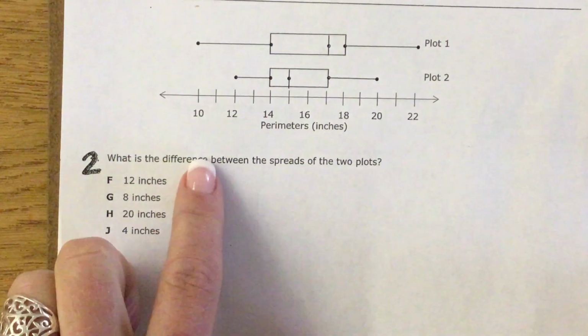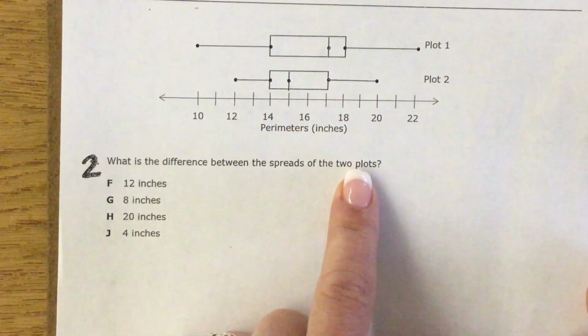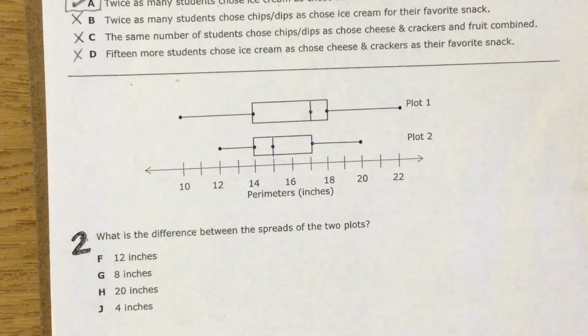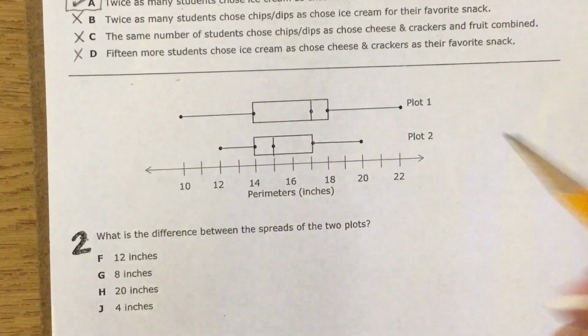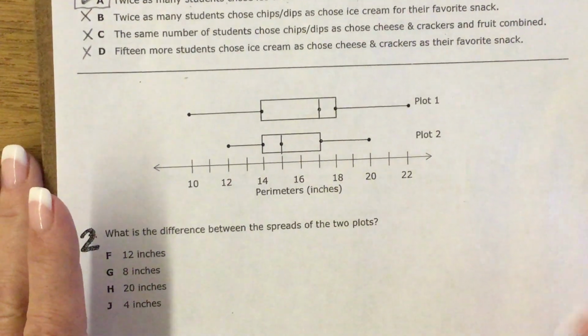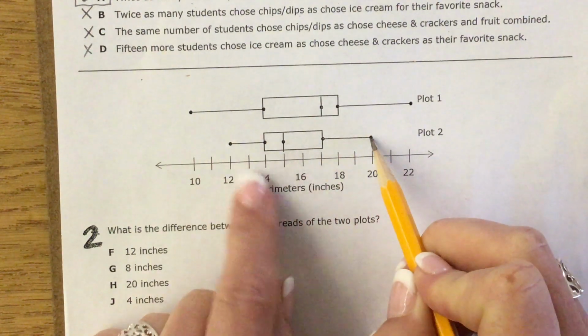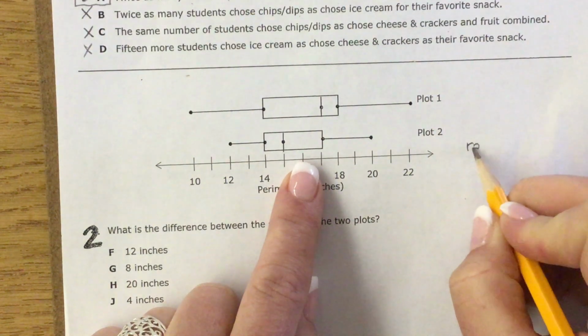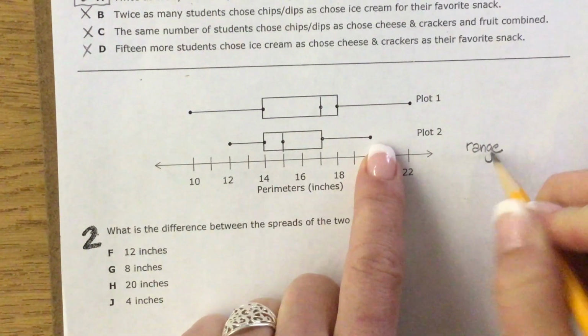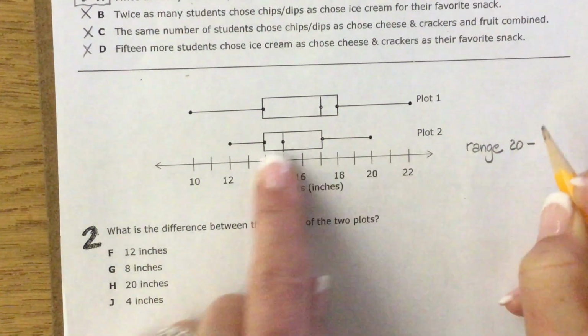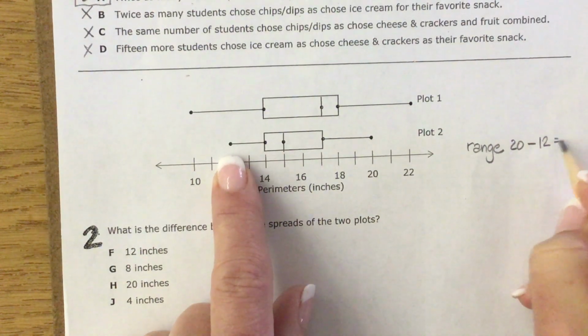What is the difference between the spreads of the two plots? Well, first let's talk about it. I know some of you have already chosen your answer. All you have to do is compare the ranges, right? So the range here is 20 minus 12 equals 8.